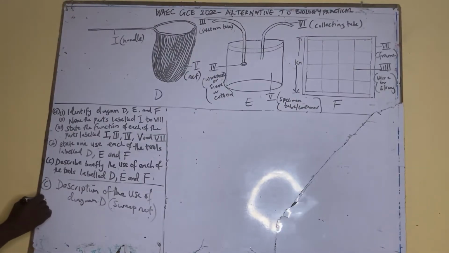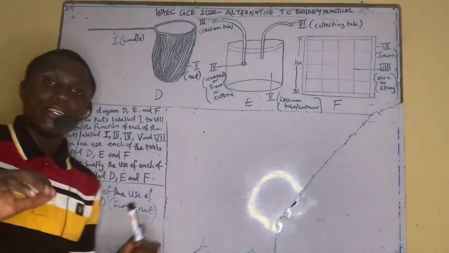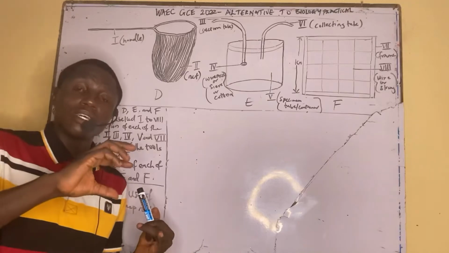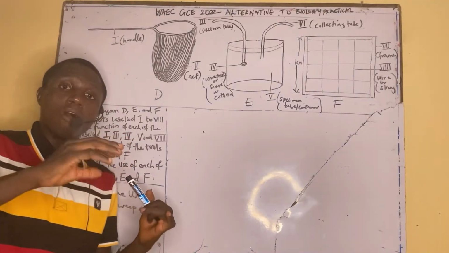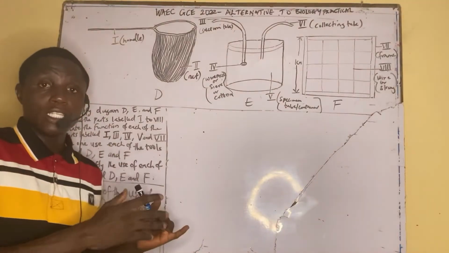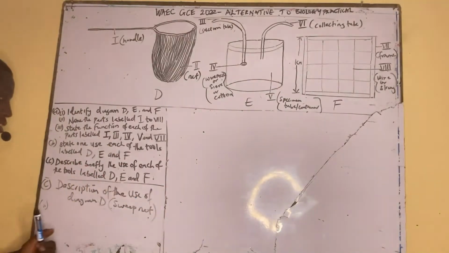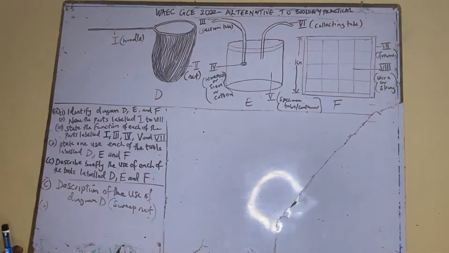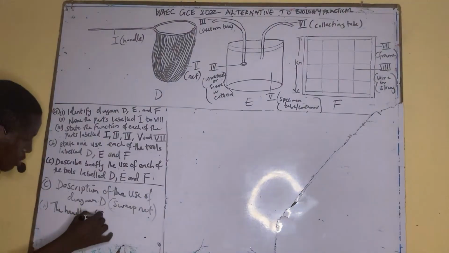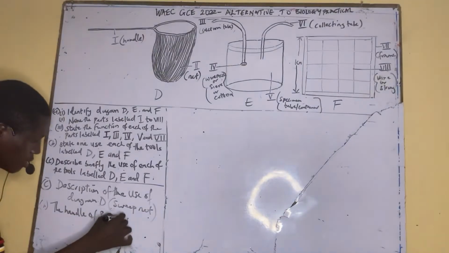Whenever you see an organism and you wanted to use the sweep net to carry out a sampling or to take the organism, which is an insect, how do you use it? Number one is to swing the handle of the sweep net.